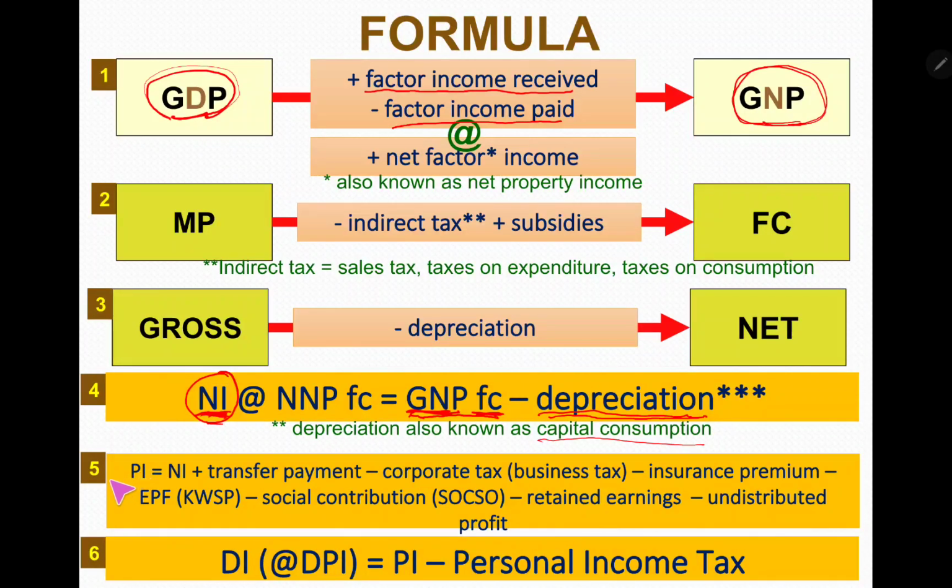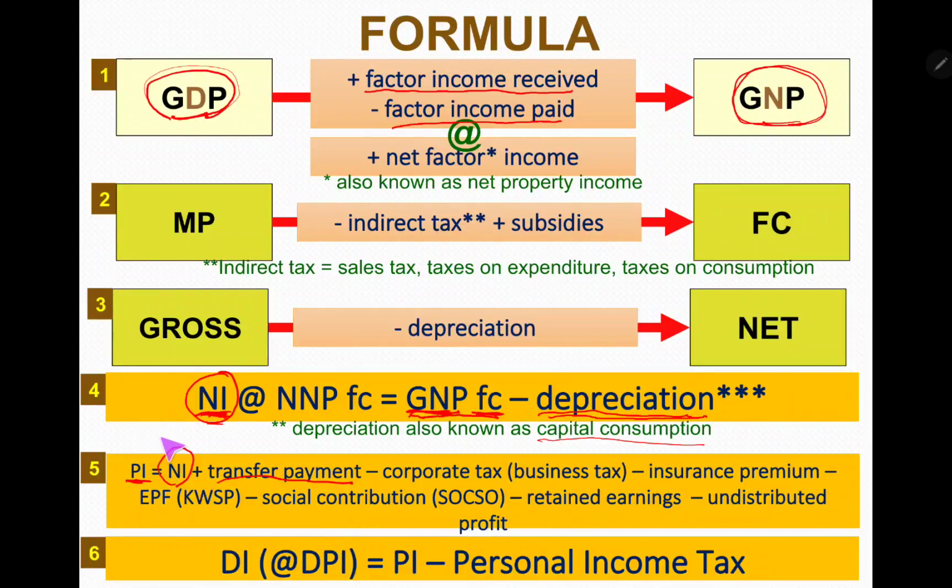And then formula number 5 is personal income. So personal income, the formula is national income plus transfer payment minus corporate tax, or also known as business tax, minus insurance premium, minus EPF, Employees Provident Fund, or KWSP, minus social contribution, or SOCSO, minus retained earnings, minus undistributed profit.